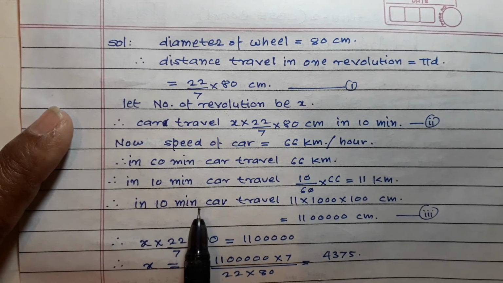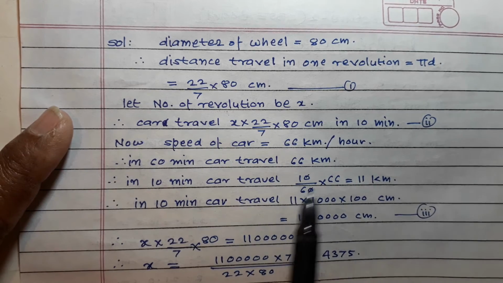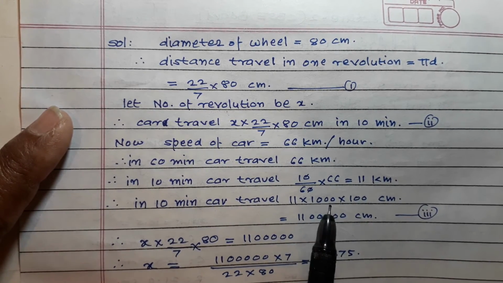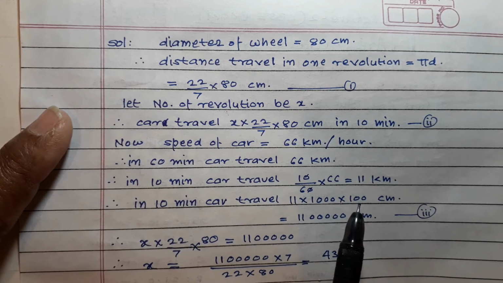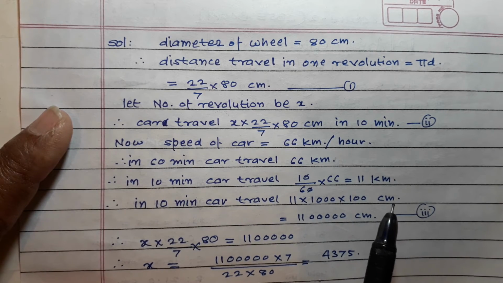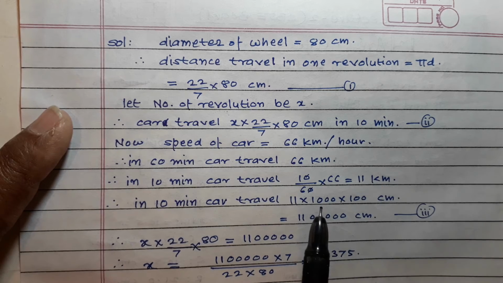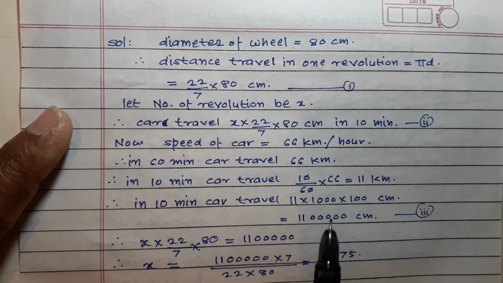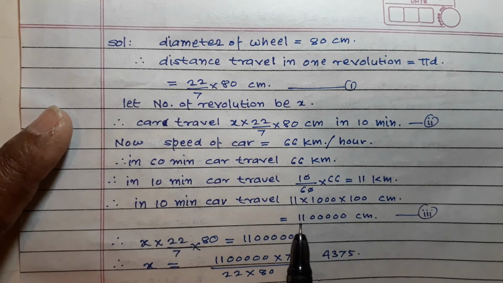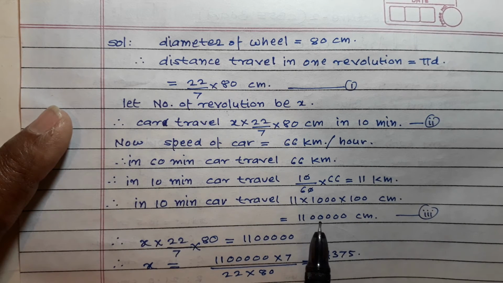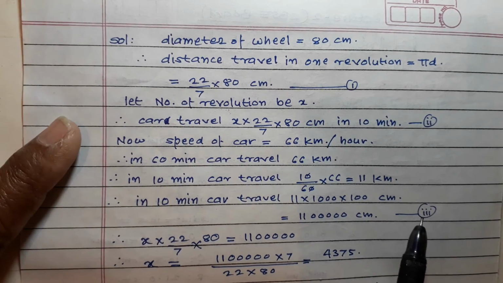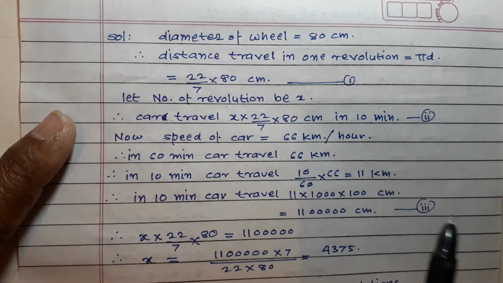Therefore, in 10 minutes, car travels, you convert this into centimeter, 11 into 1000 into 100 centimeter. Since kilometer is there, first you convert into meter and then into centimeter. So it is equal to 11,00000 cm. This is statement number 3.